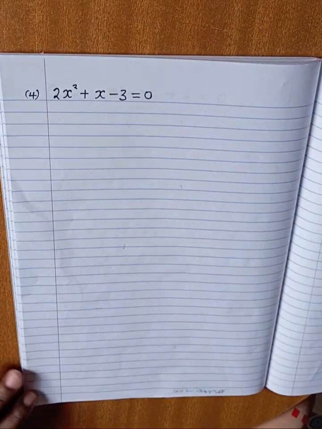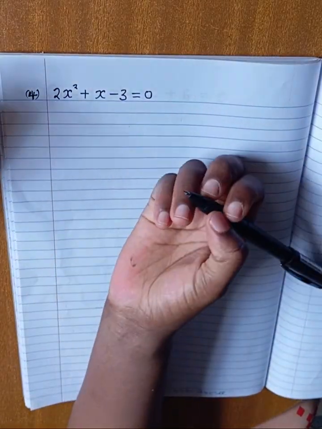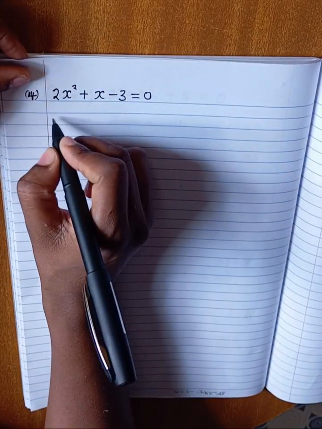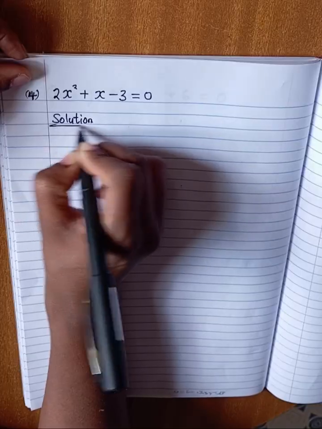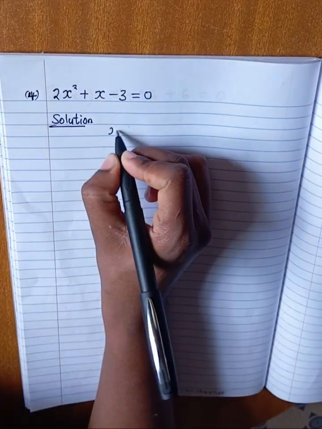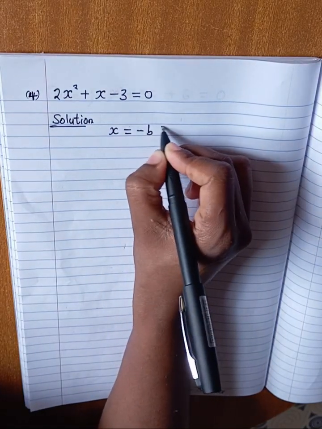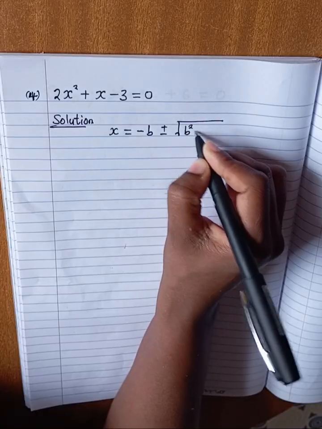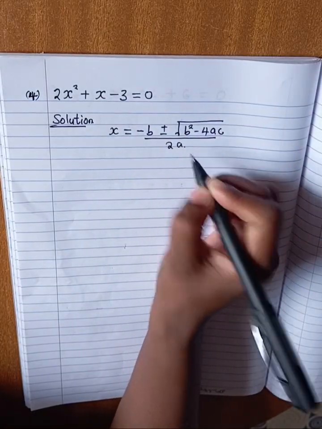From there, we go to the next example. This is number 4. The previous one was example 3. So we go to this example on solution. Solution, we first write our formula for us to replace correctly, which is x is equal to negative b plus or minus the square root of b squared minus 4ac over 2a.